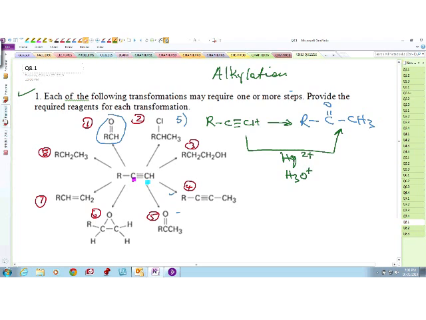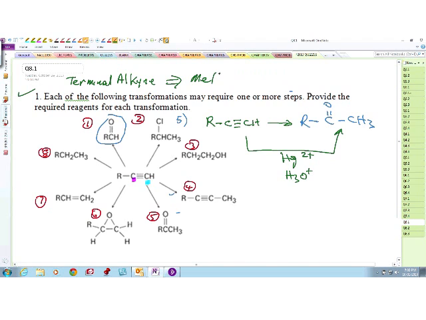What that will do, the mercury 2 salt will convert a terminal alkyne, this here, to a methyl ketone. And that's what we have here. This is a methyl ketone.